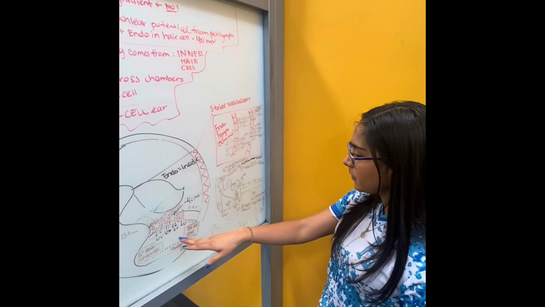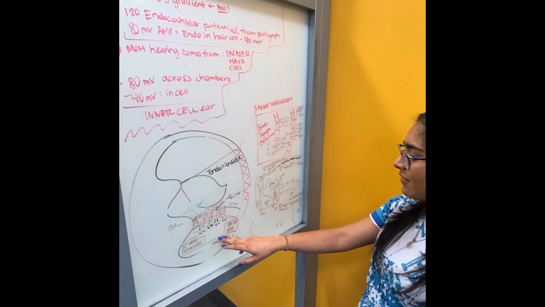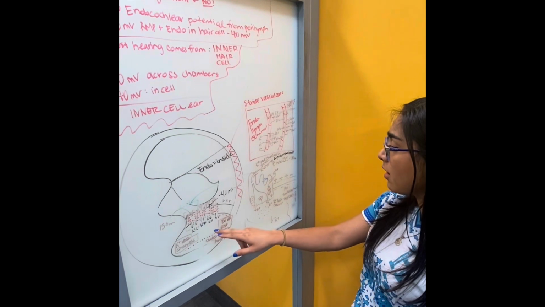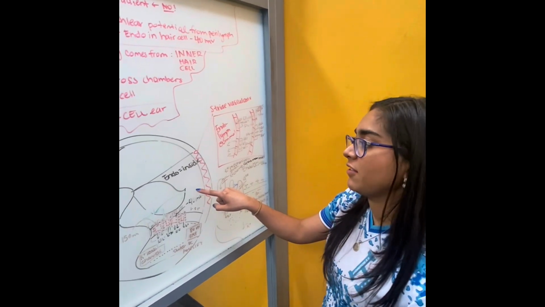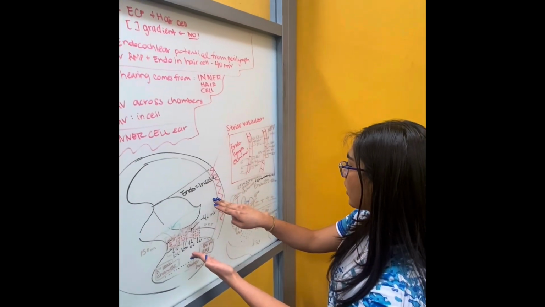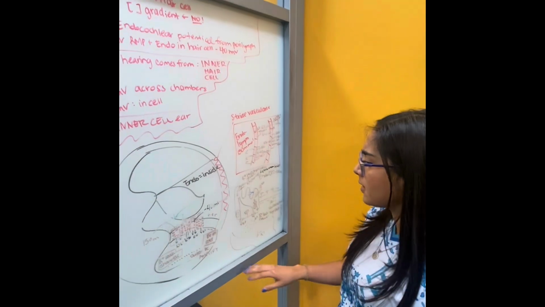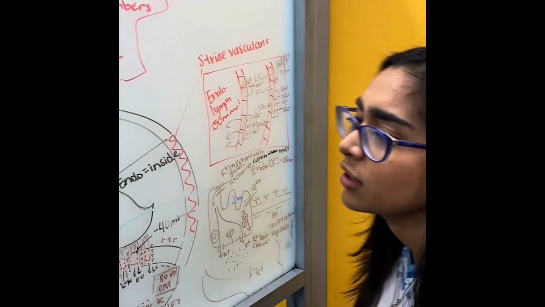In the perilymph you have a concentration of about 7 millimolar of potassium, while in here you have about 150 milliosmoles. So that's a great concentration difference. And then you also have a very high concentration of sodium, about 140 milliosmoles.